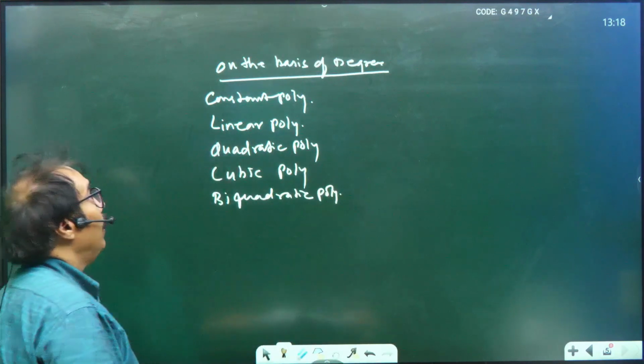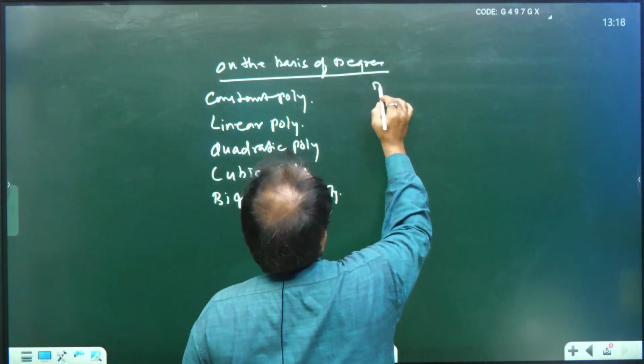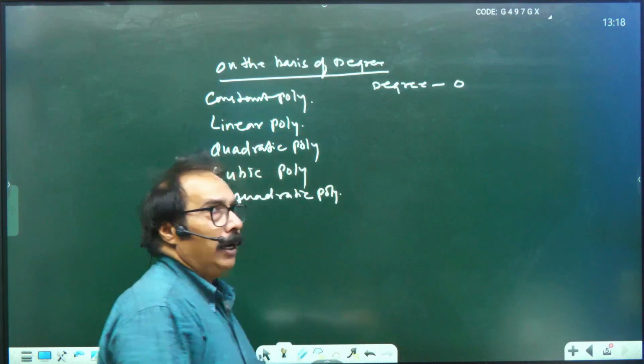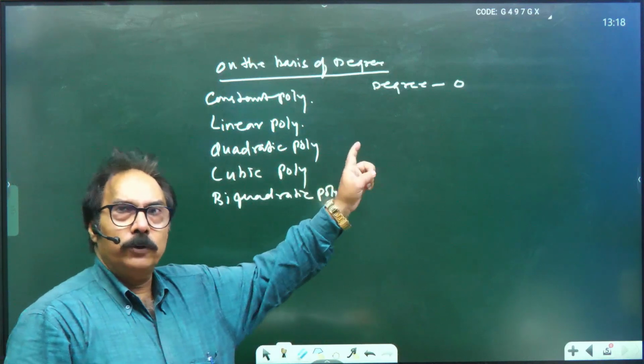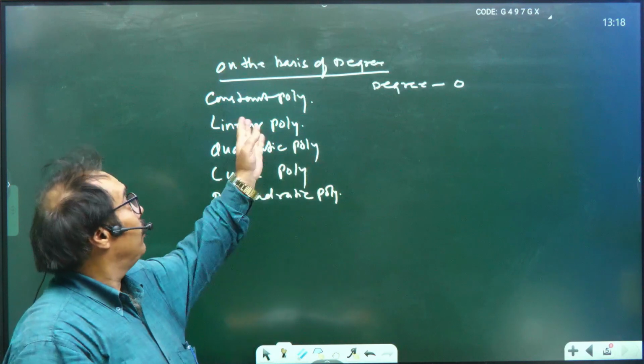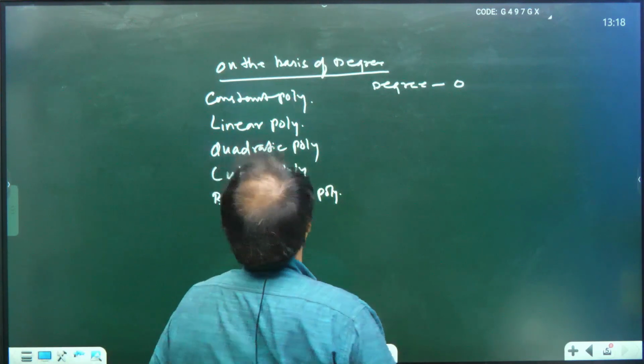The degree of a constant polynomial is always zero. On this point, one question was asked in the last year question paper: the degree of a constant polynomial is, asked as an MCQ.